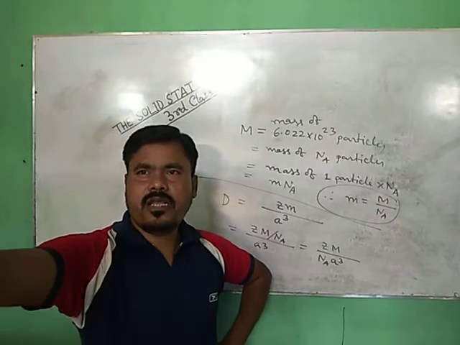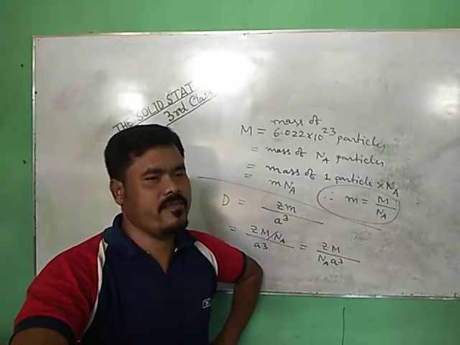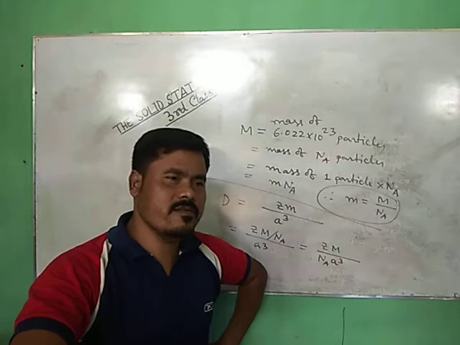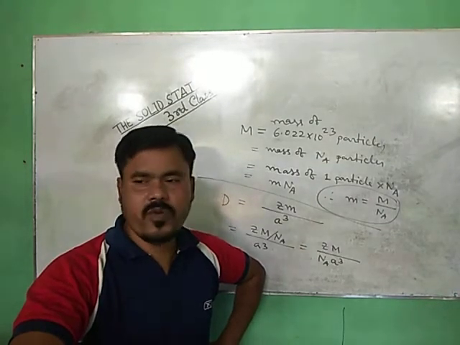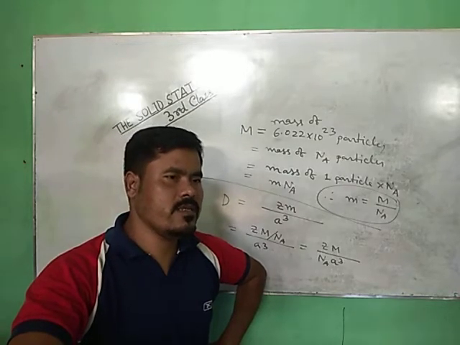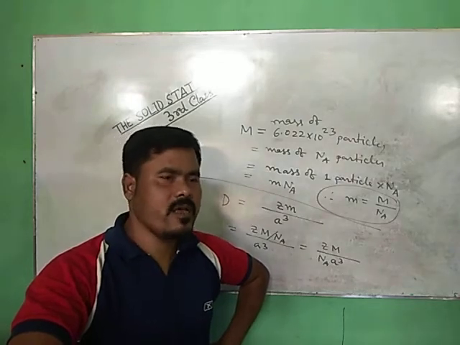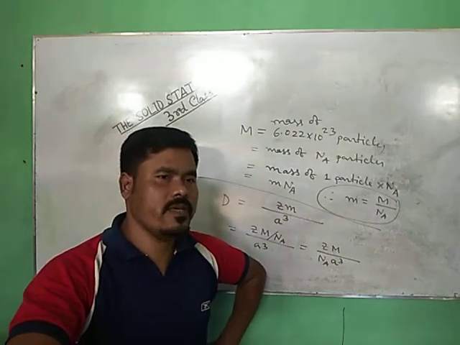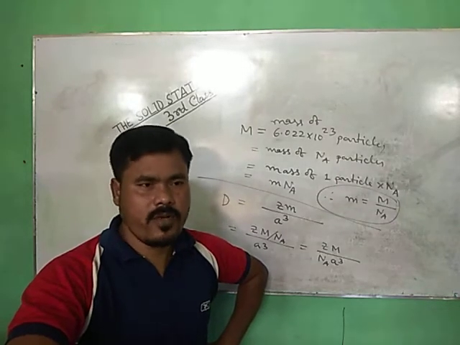Because all the space of a crystalline solid is not occupied by constituent particles. There is always empty space. So we have to know which close packing is best packed and which one is lesser packed. By calculating the packing efficiency, we can tell about that.